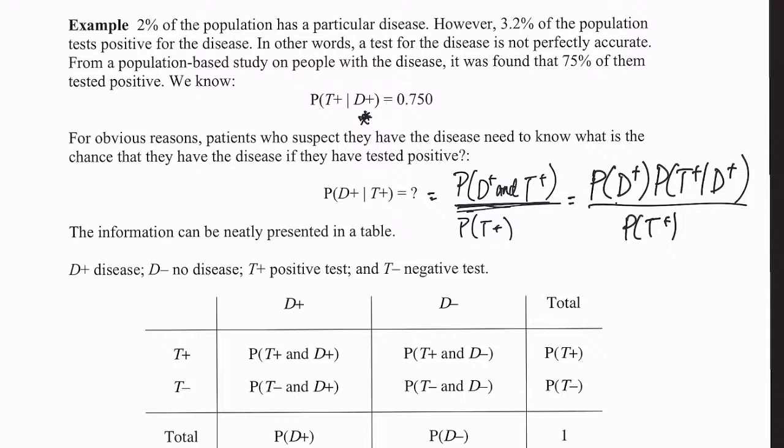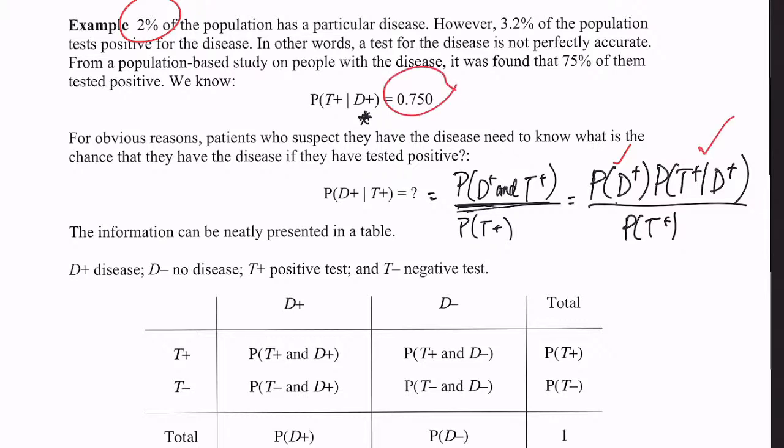So what do I have here? Do I have this information? Do I know what D plus is? Two percent of the population has a disease. So that is that. I have that. Do I have the second term? Yes, I have that here.